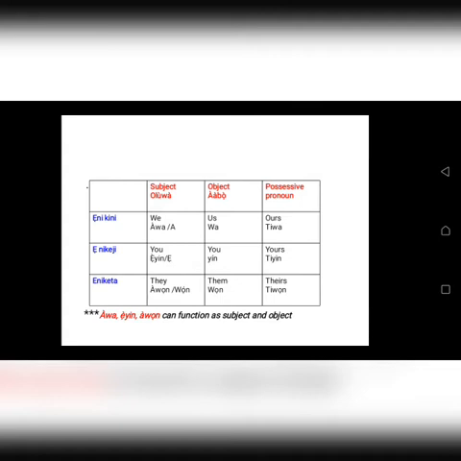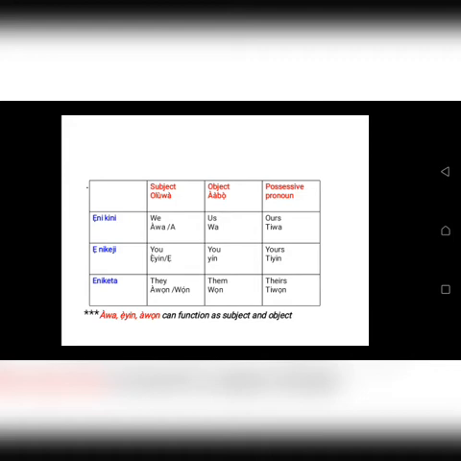In the second person plural pronoun, we have you, meaning ẹ̀yin. Or you use ẹ̀yin ni, meaning you. And if you want to use it in an object position, it will be yín. In possessive pronoun, that is yours. Tiyín ni. It is yours.